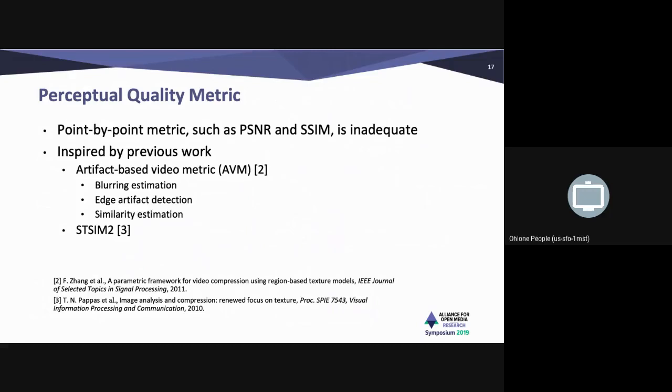So we propose this quality metric based on two previous works, focusing on how well the texture regions merge with the rest of the pixels in the frame, as well as not causing any temporal issues due to inaccurate representation from the motion vectors, from the motion parameters.